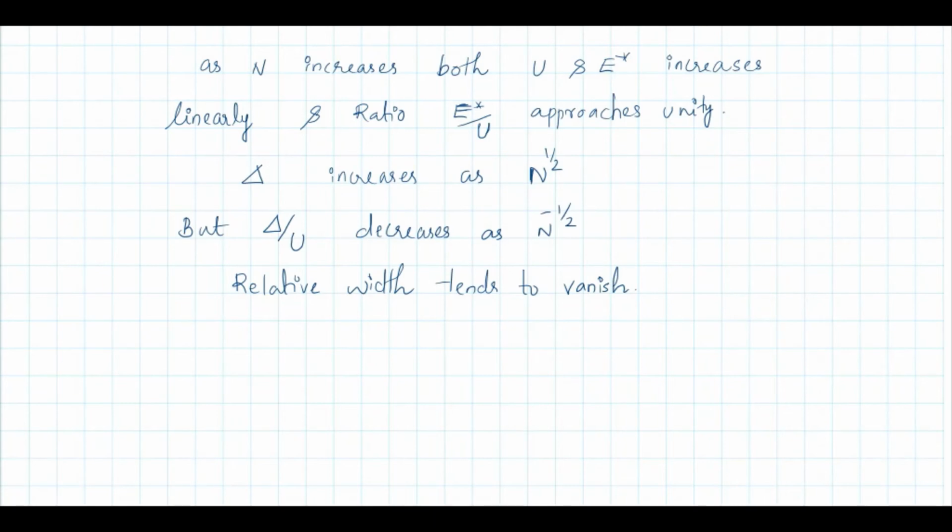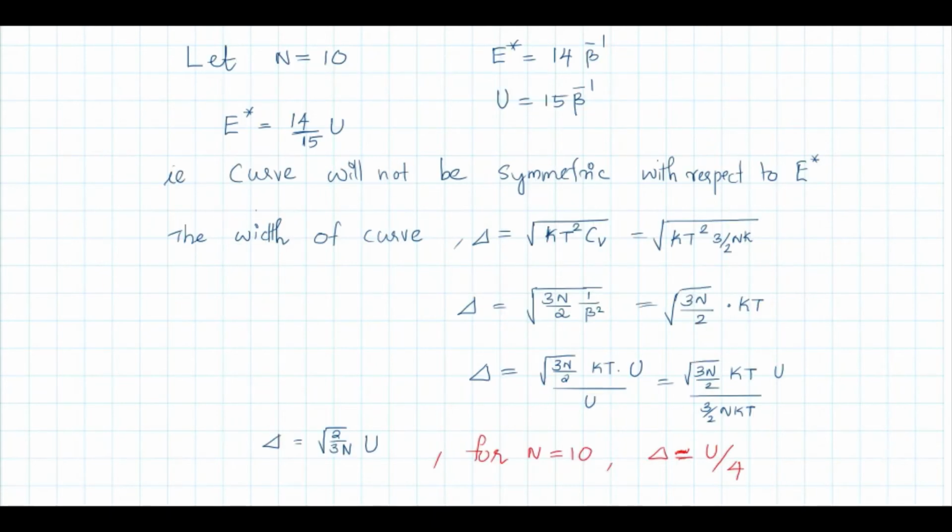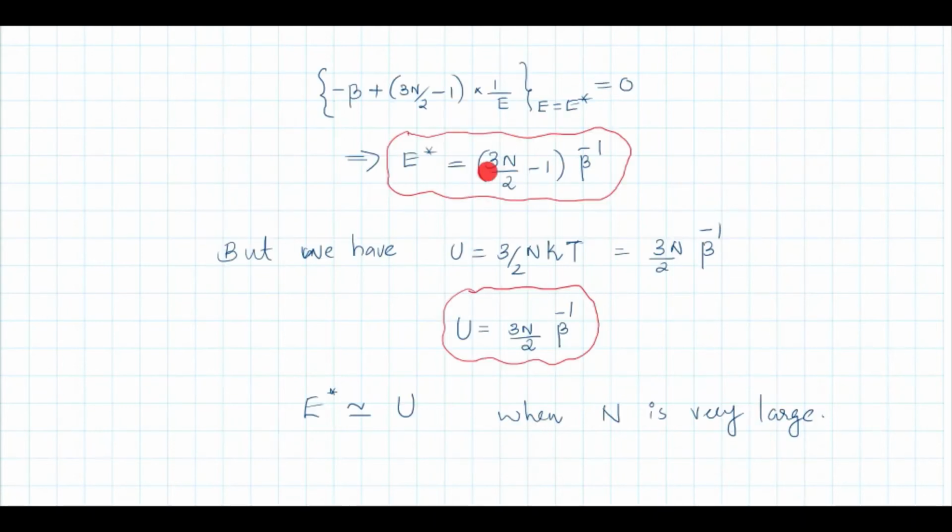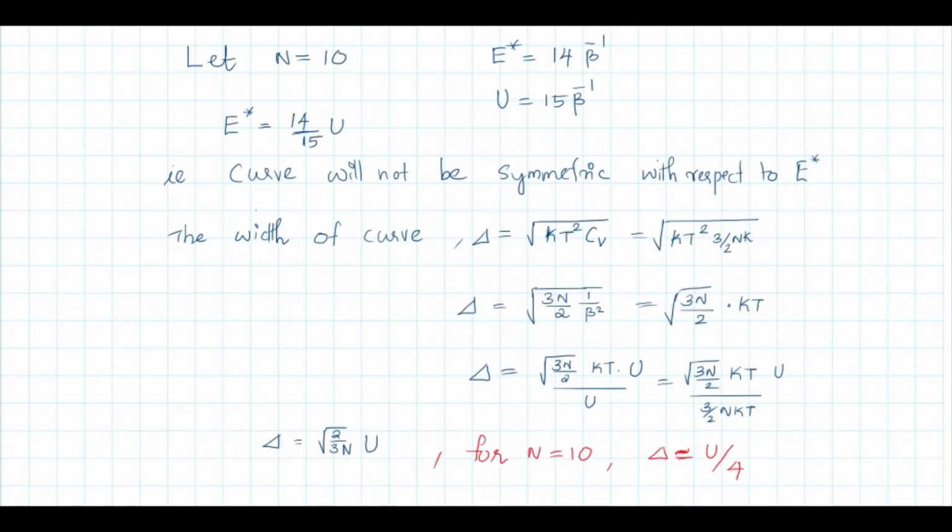Now, as n increases, what will happen to u and E star? As n increases, both values will increase. And this ratio, 14 by 15, becomes, say, 100 by 101, and then 1000 by 1001. So these two numbers differ by just 1.